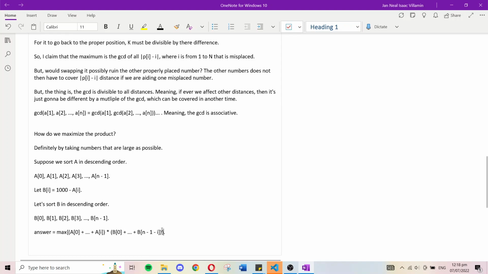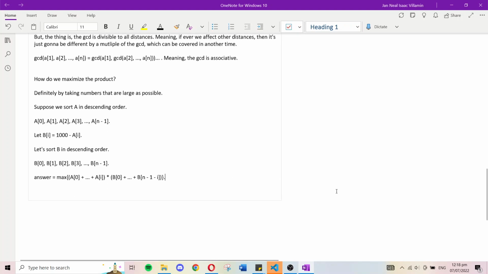Basically this is the answer, because you always want to take the numbers that are as large as possible, and you seek the maximum answer. This is just a brute force. You don't really have to prove it. You just want to take as large numbers as possible, and then take whichever case gives you the largest product.